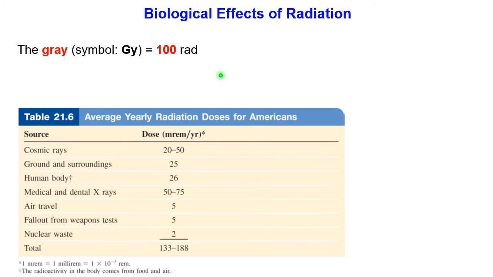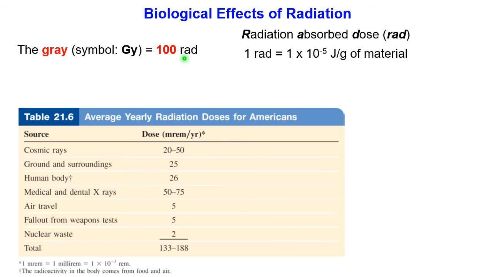Biological effects of radiation. There are several units. Most standard is the so-called gray, symbol Gy, 100 rads. It is radiation absorbed dose, and it can be related to metric units, joules per gram of material.